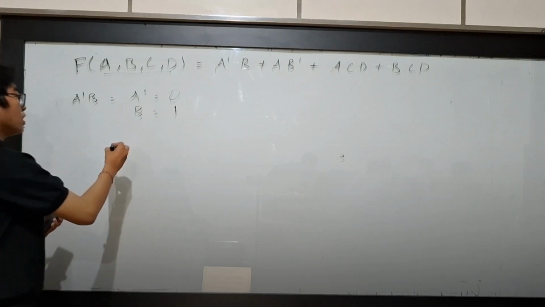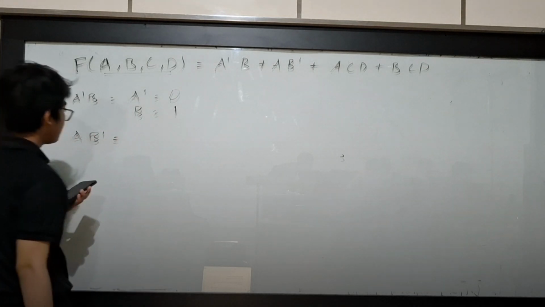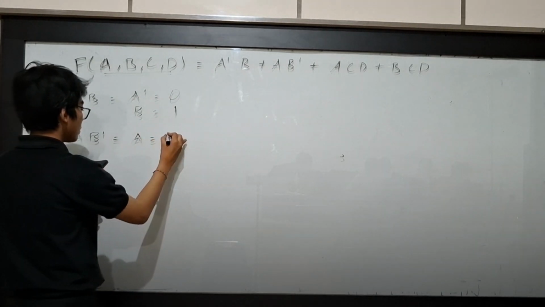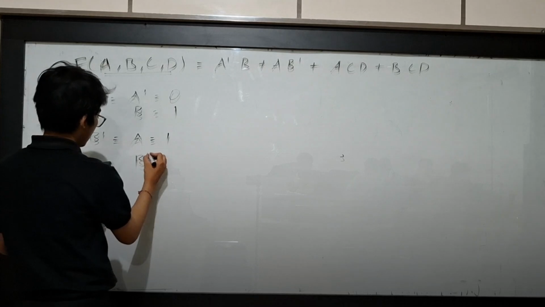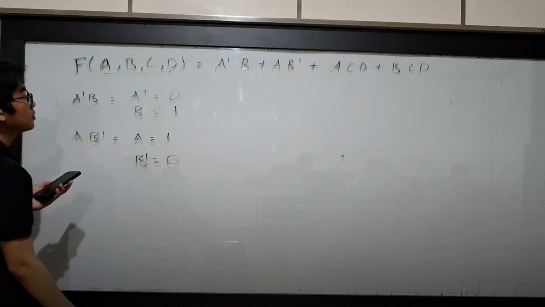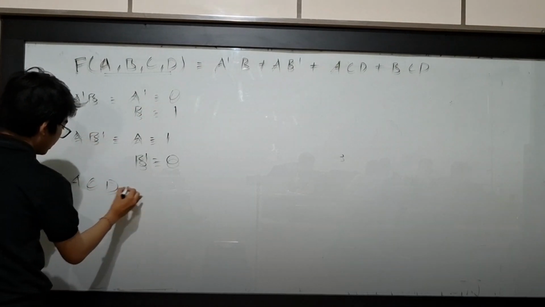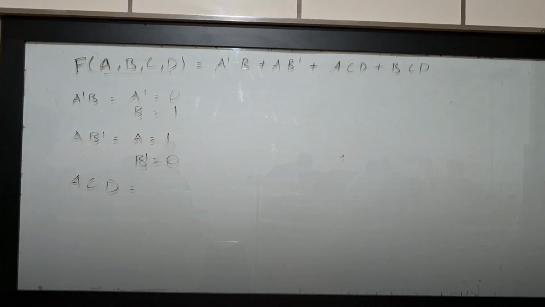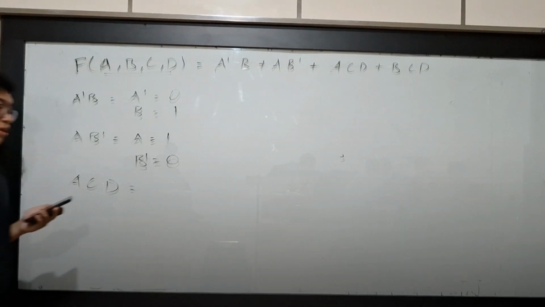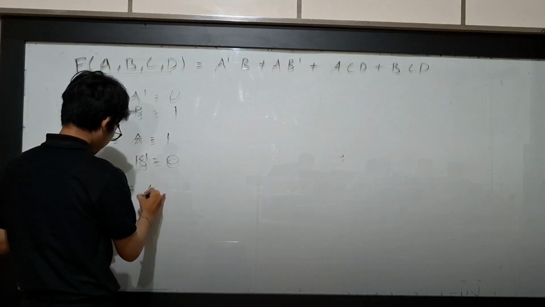And then the second expression is A B inverse. For A it is 1, and for B inverse it is 0. And then the third expression is A C D. From this expression, there are three variables, and all of them are 1 because there is no inverse.